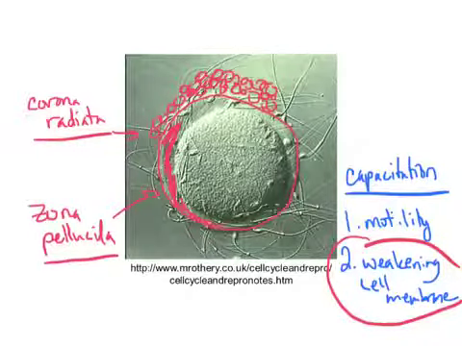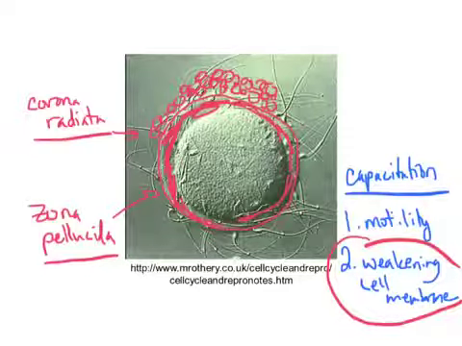If the oocyte is the yolk, the zona pellucida is the white around it. So it's glycoproteins. It's made up of protein with some carbohydrate molecules attached to it. It's produced by both the oocyte and the granulosa cells.